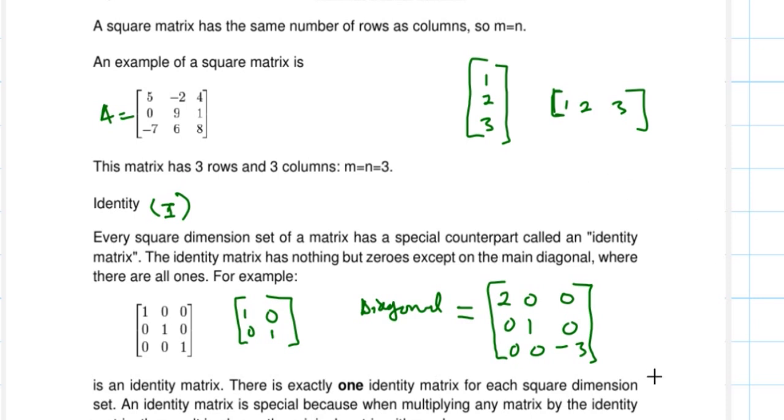So we also have some other kinds of special matrices, which we refer to as upper triangular matrix and lower triangular matrix. For instance, when we speak of an upper triangular matrix, we speak of something like this: 1 2 3, 0 4 5, 0 0 0.